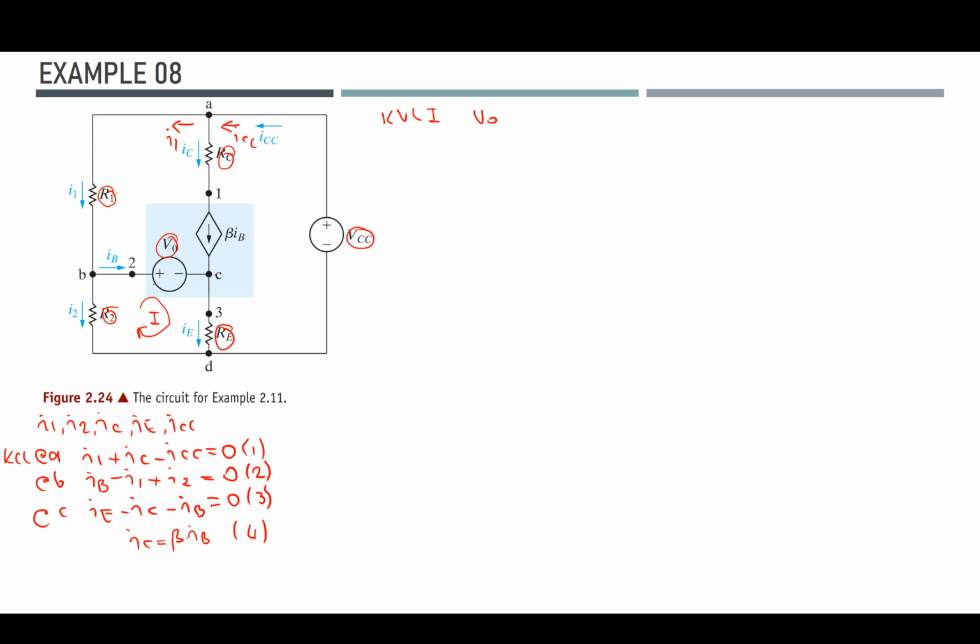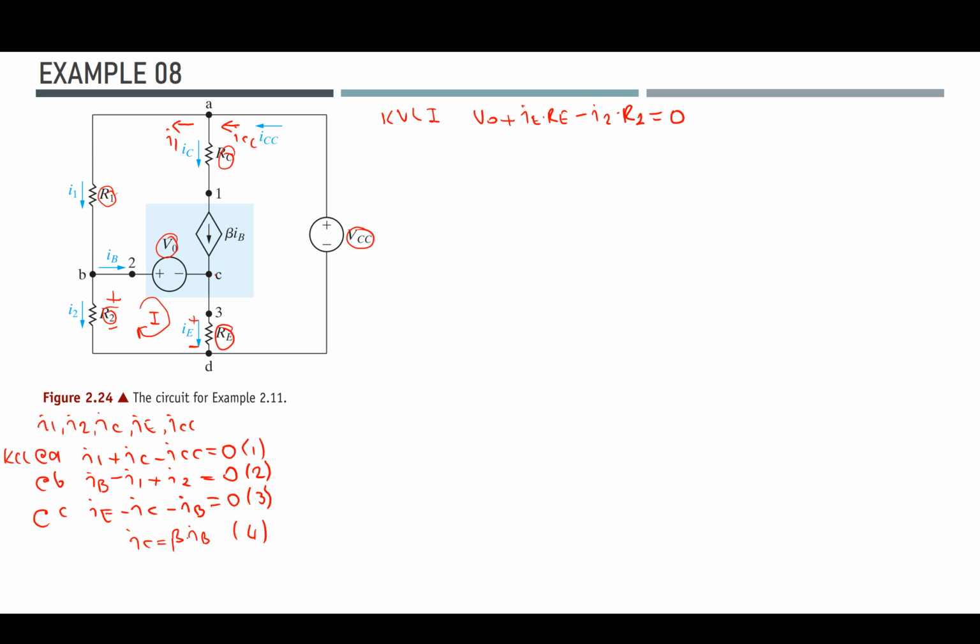V0, I'm rotating in the same direction, its references are same, so it has positive sign, plus, now the current is flowing in this direction, so it's going to be IE times RE, and since I'm now rotating in the reverse direction at this point, I'm going to get a negative sign for I2 times R2, should be equaling to 0.